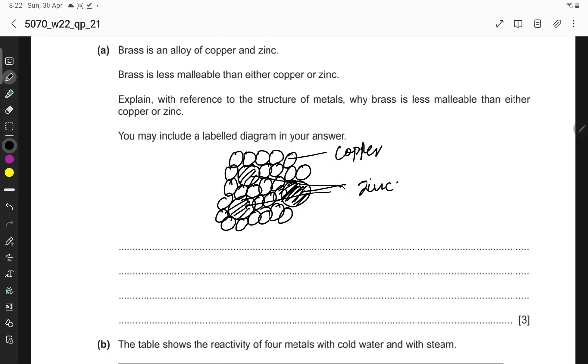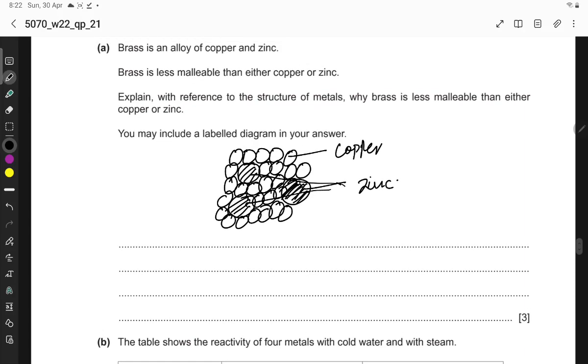This is copper metal atoms. This is the structure of metal.